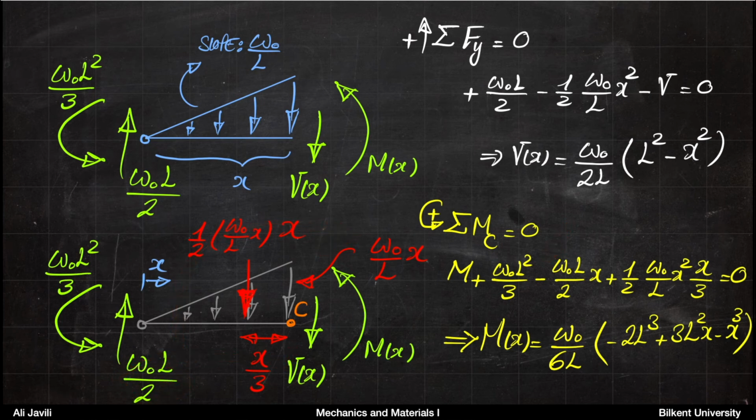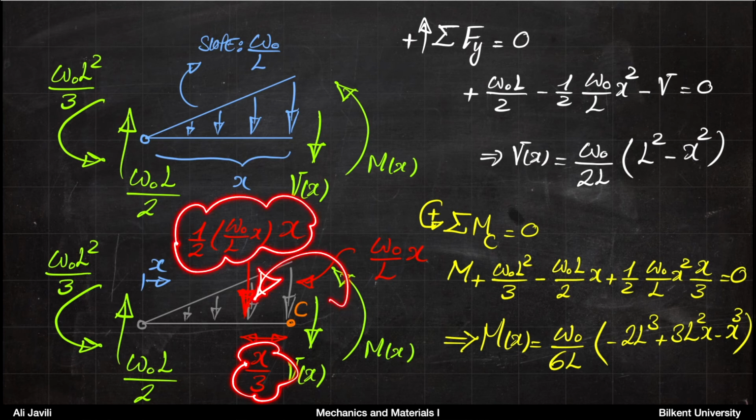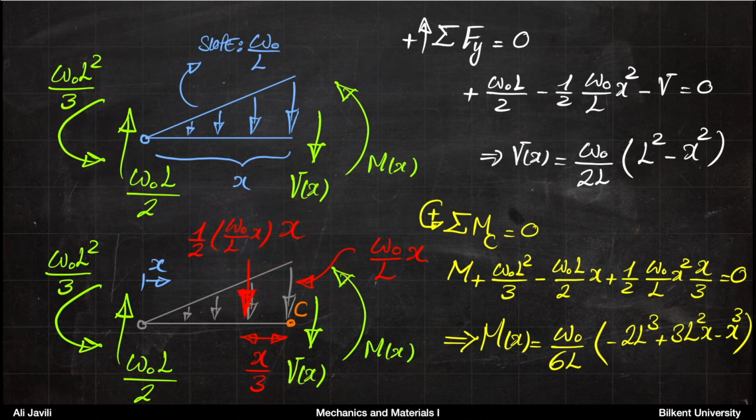And the moment that you get due to the distributed load is the distance x divided by 3 times the distributed load, and that would be counterclockwise, so that comes with a plus. So if you reorder the terms now for the moment equation, you also get the moment m as a function of x, and that's W0 divided by 6L times the expression in the parentheses.